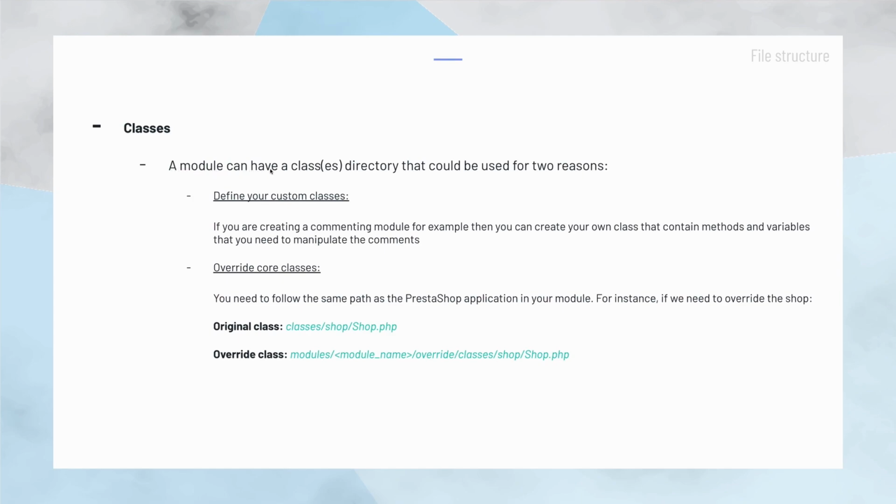A module can have a class or many classes, directories that could be used for two reasons. The reason number one to use the classes with our module is to define your own custom classes.